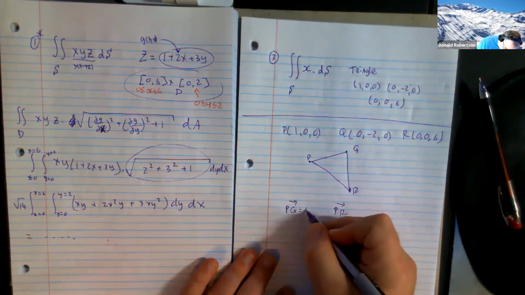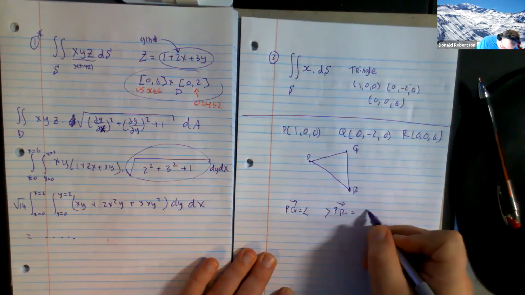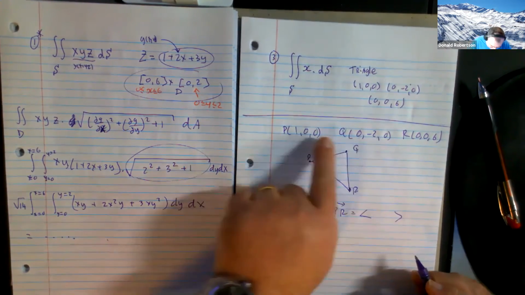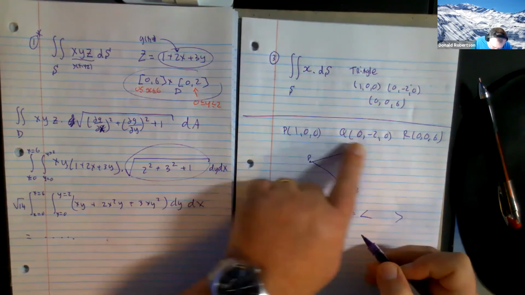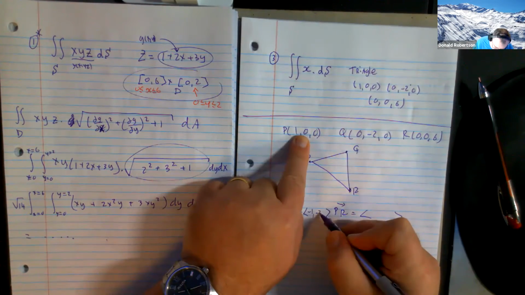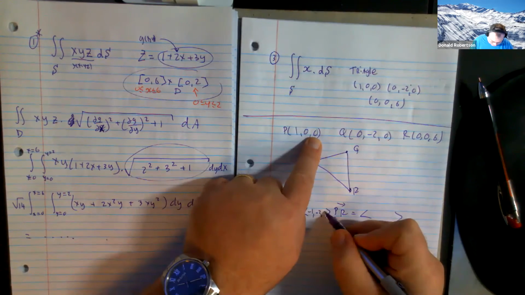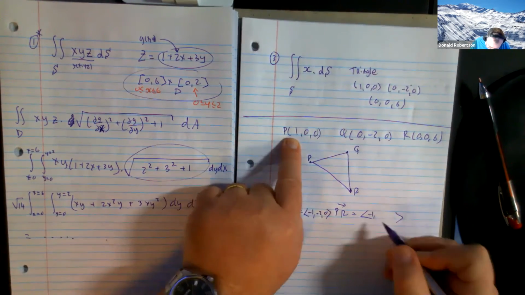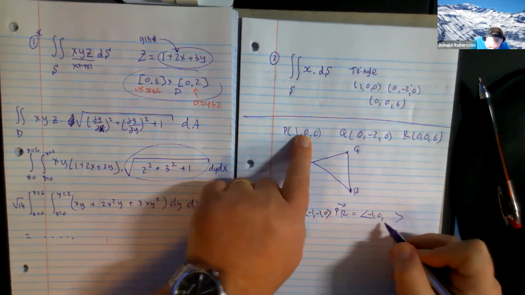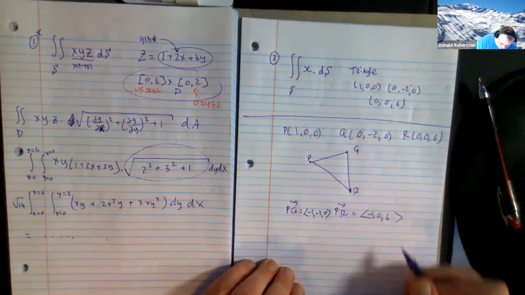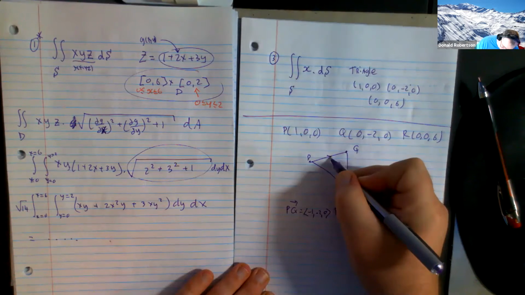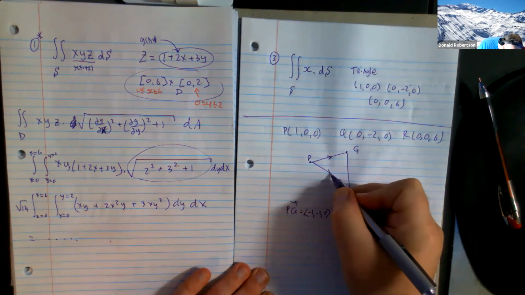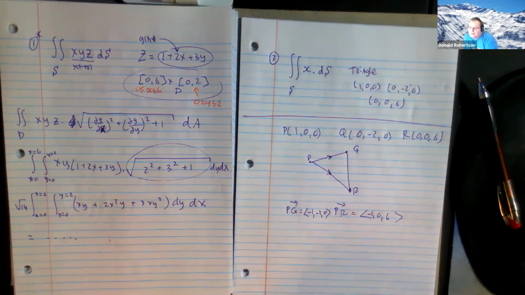So let's do that. 0 take away 1, negative 2 take away 0, and 0 take away 0. Now I'll do PR. 0 take away 1, 0 take away 0, 6 take away 0. So I've just found the vector joining PQ and the vector joining PR.